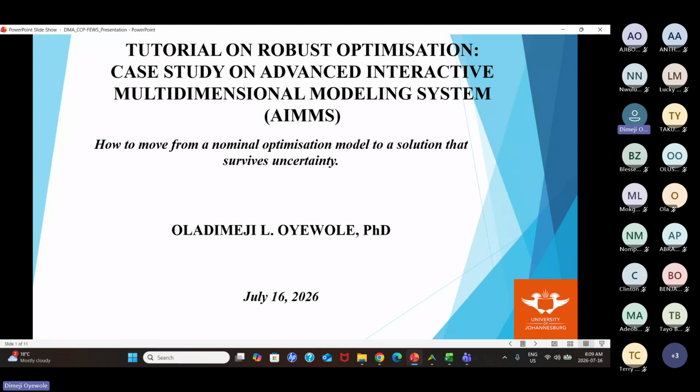So basically, robust optimization has to do with moving from a nominal optimization that many people are accustomed to, or are familiar with, to a model that survives uncertainty. So as we go on in this tutorial, we'll be understanding what uncertainty means and how we encounter it in most of the work that we do, right?